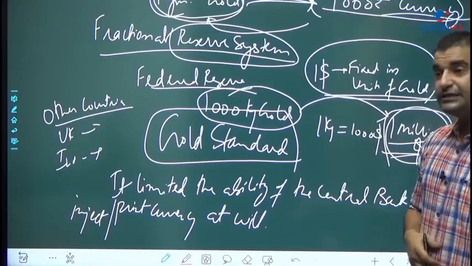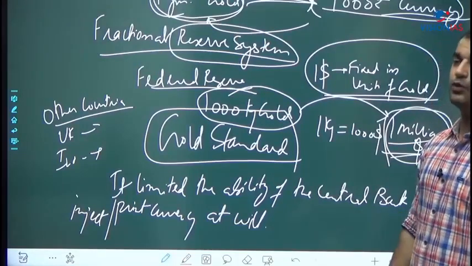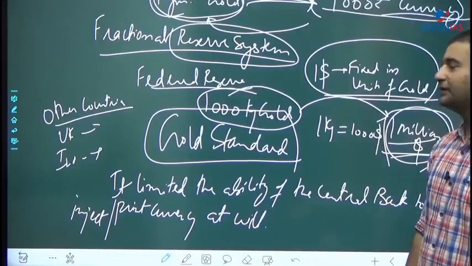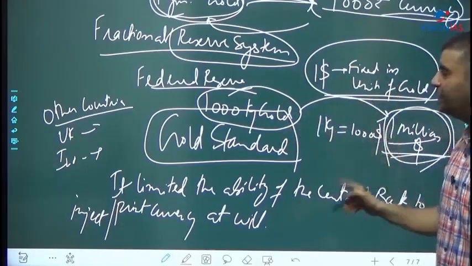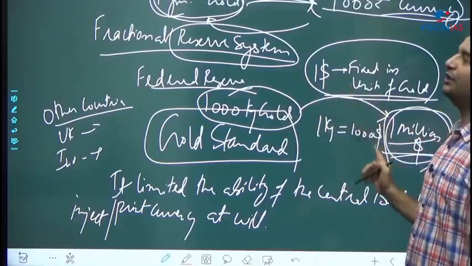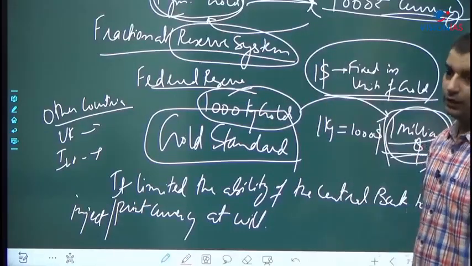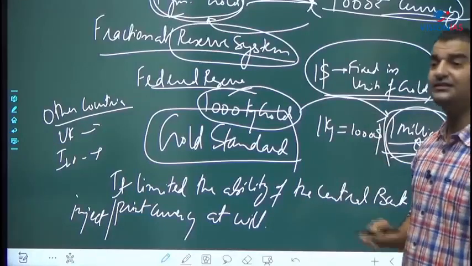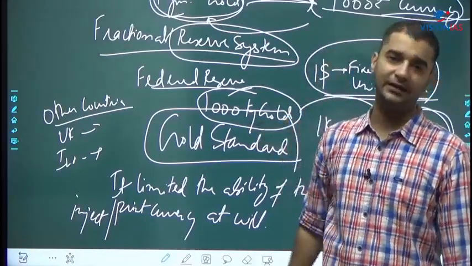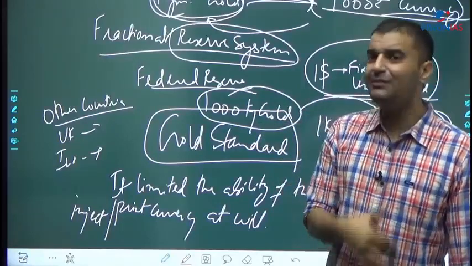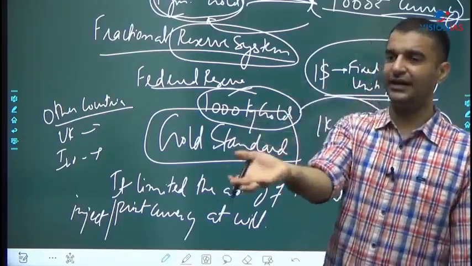If there is a need for more currency, people require more money for transaction purposes, the central bank is handicapped to inject more currency. Why? Because in order to inject, it will have to buy gold. वो print तो कर सकता है, it has the authority to print, it is the only entity which can print currency, but merely printing doesn't mean injecting.